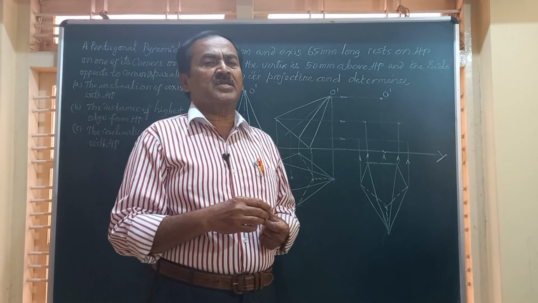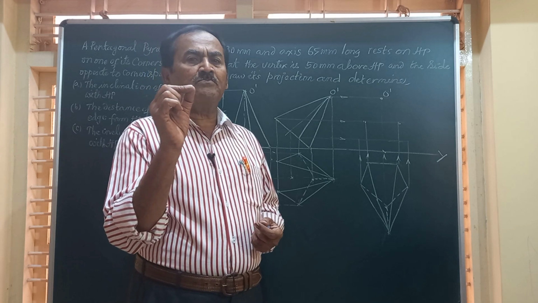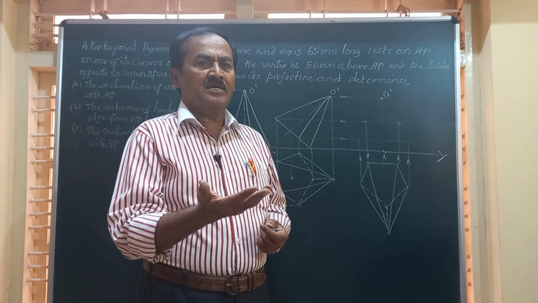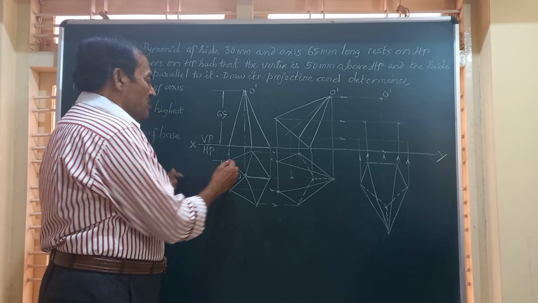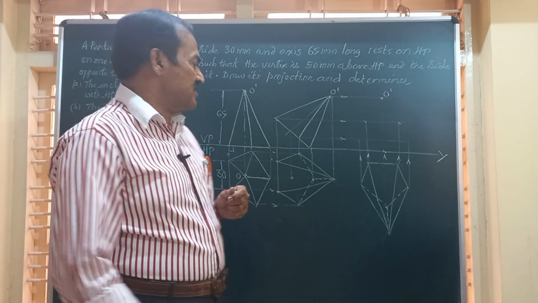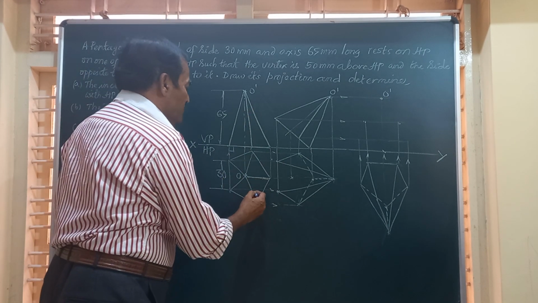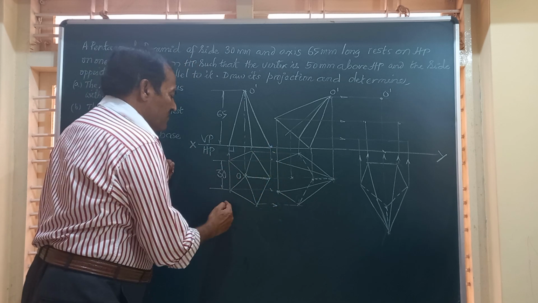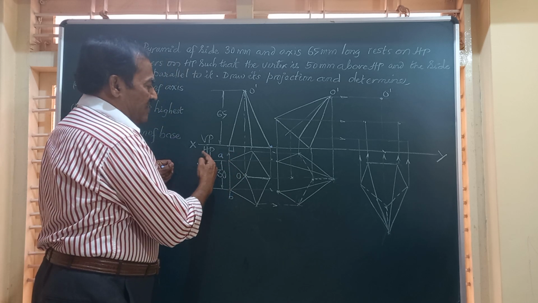So very obviously, we have to place the object on HP such that one of the base corners of the solid is to your right, or one of the edges of the base comes to your left and it is normal to VP. So friends, we place the object, that is the pentagonal pyramid, on HP with one of the corners coming to your right or one of the base edges, say AB, is to your left.